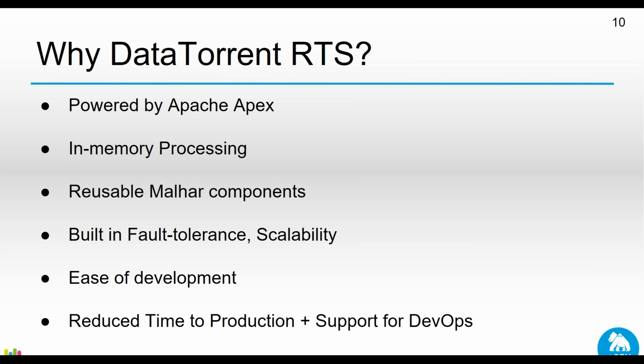So why DataTorrent RTS? First of all, the main reason behind RTS is Apache Apex. Our engine is internally Apache Apex, which is a completely native Hadoop engine with the entire processing happening in memory.